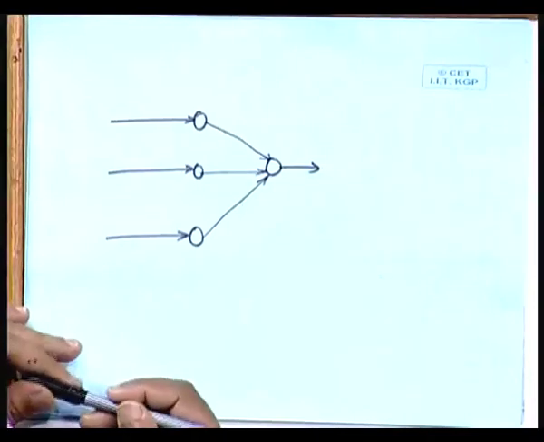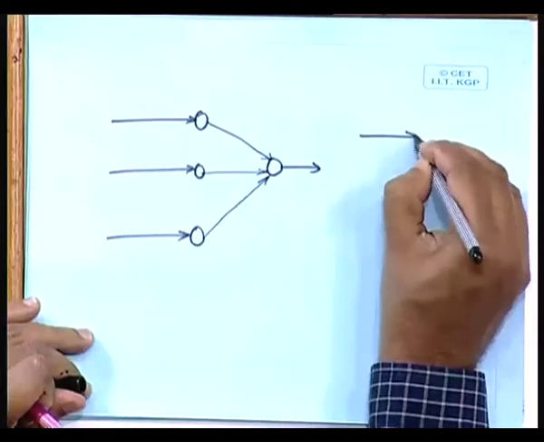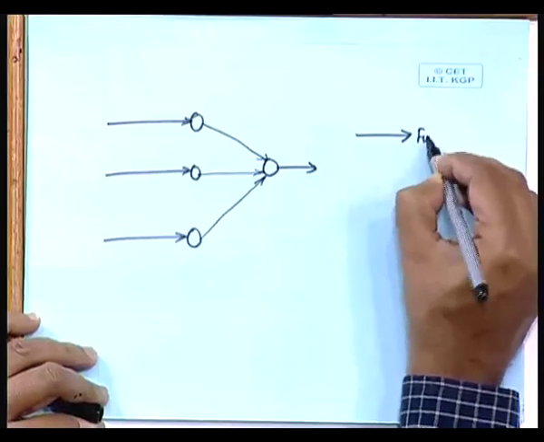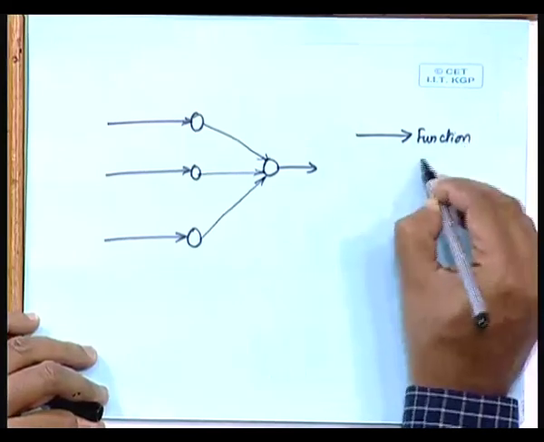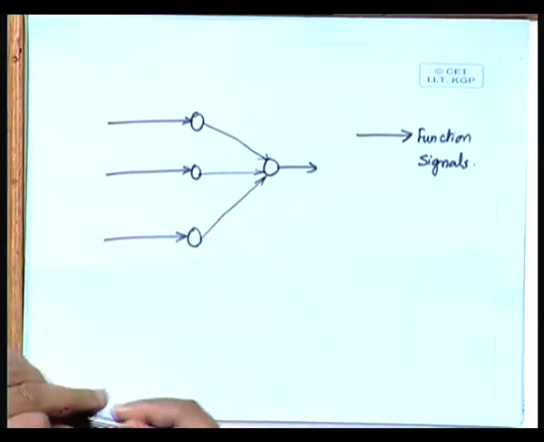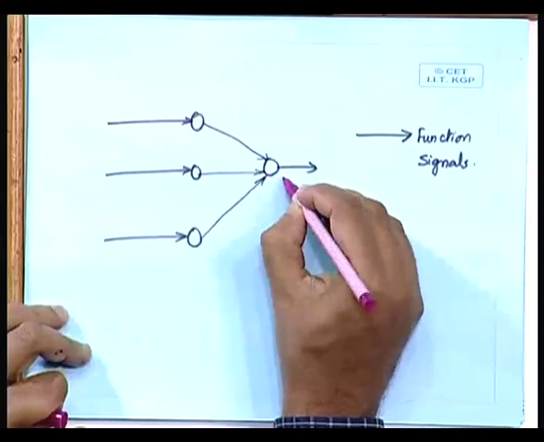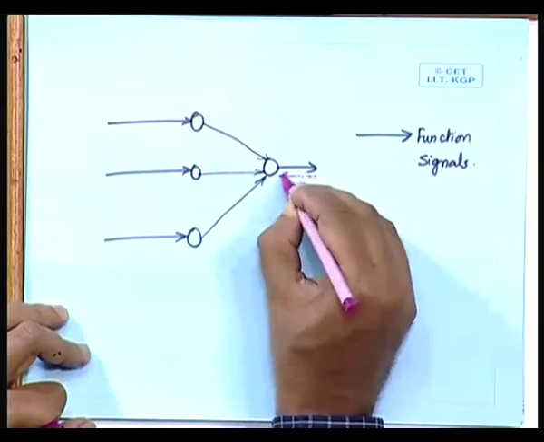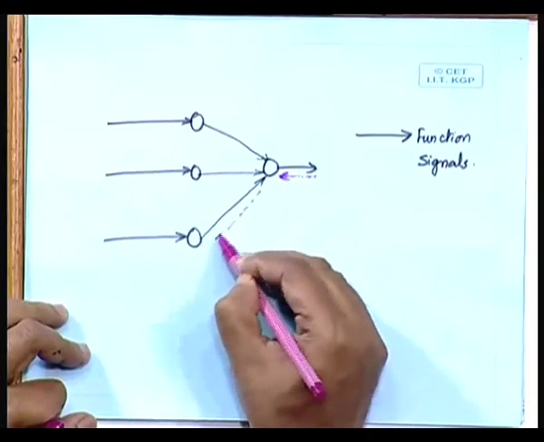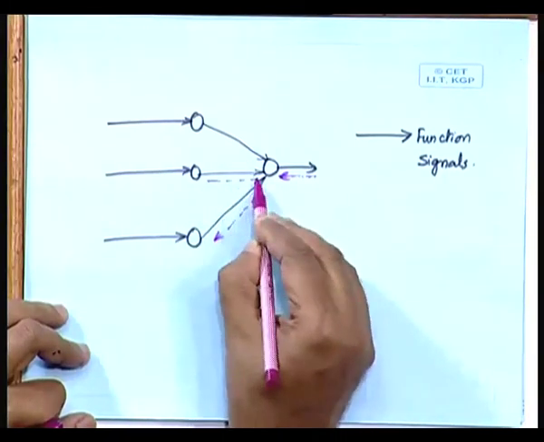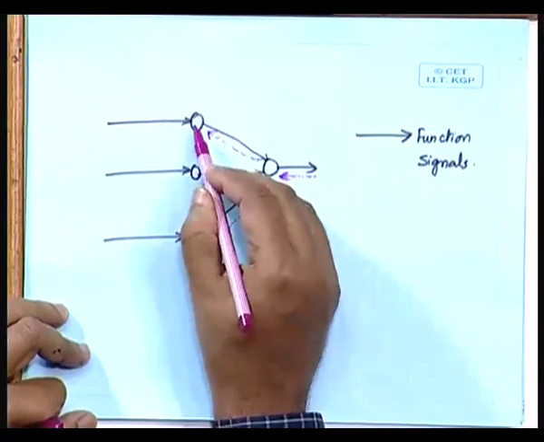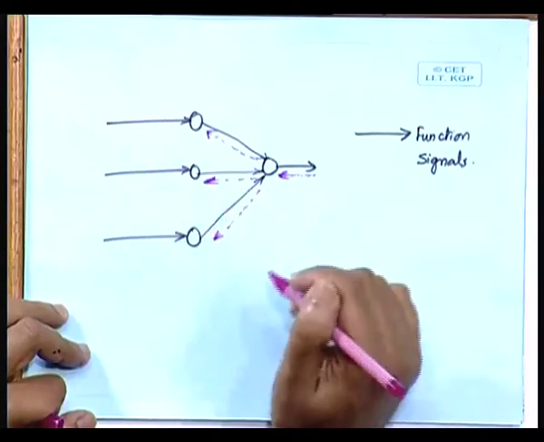So, all these lines that I am drawing with firm black lines are nothing but the function signals. And then the error signals would be shown like this. So, we first compute the error here, at the output layer, and then we have to propagate these errors backward up to the immediately preceding hidden layer.